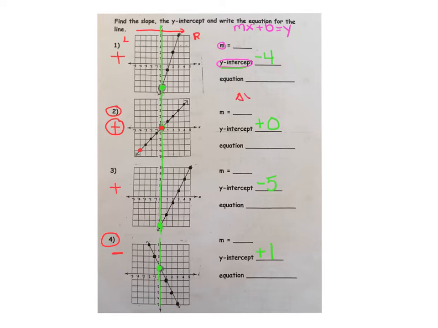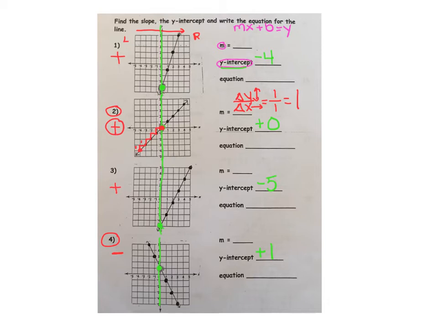Remember, we always go up or down first. That's our delta y. And our delta x moves to the right. So here we go. Up 1 over 1, 1-1 ratio. Up 1 over 1, up 1 over 1. And clearly, we have a ratio of 1-to-1, which is 1.